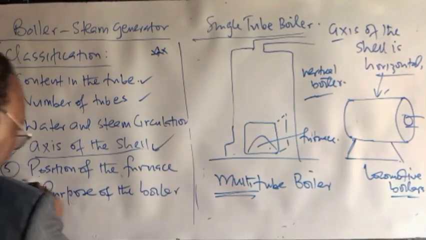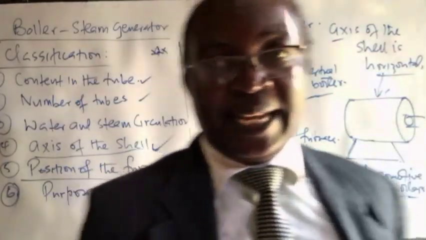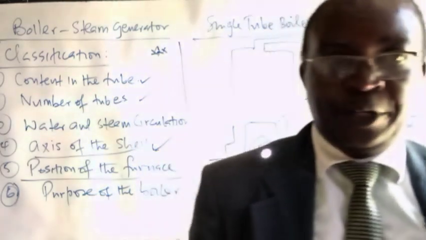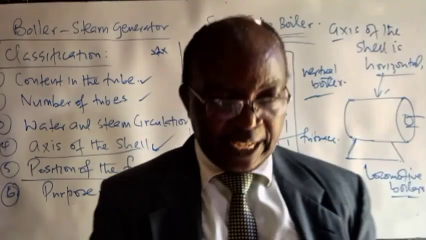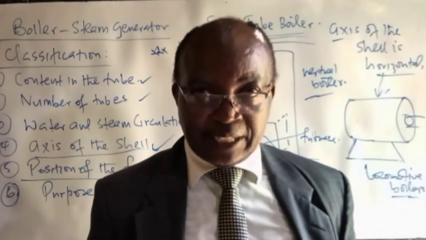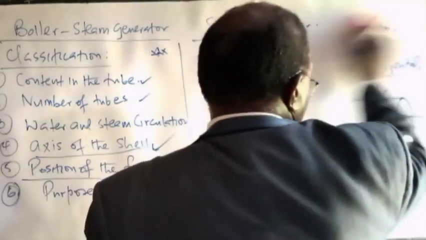Now, the position of the furnace is very, very important also in the classification of boilers. Is it internal or is it external? In certain cases, the furnace is in the boiler system. It's internal. Position is very important for us to know.